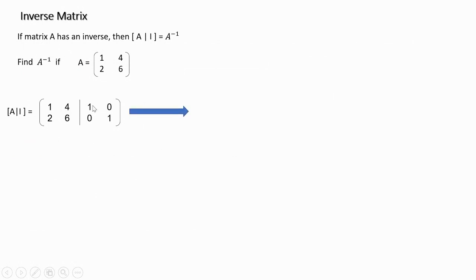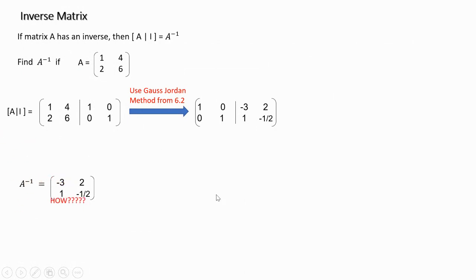I need to make the 1, 0, 0, 1 come to the left side. And whatever's left on the right side will be its inverse. You see, use the Gauss-Jordan method from 6.2. So this is my inverse. Now, how are we going to do that? Let me show you on the next slide.